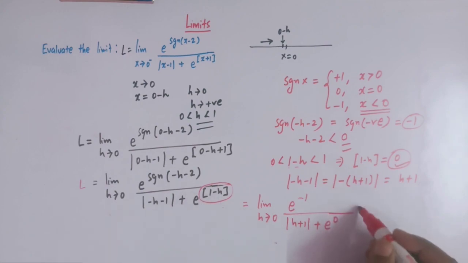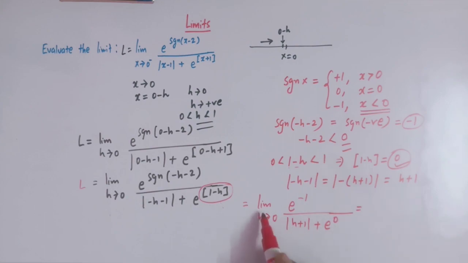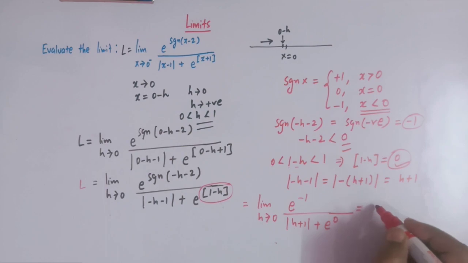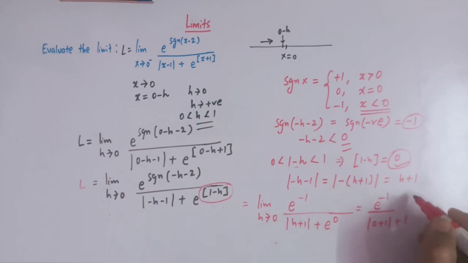Now when h tends to 0, we take h equal to 0. So we have e raised to -1, and mod of 0 plus 1, and e raised to 0, which is equal to 1, because e is the exponential number and when its power is 0, it has the value 1.